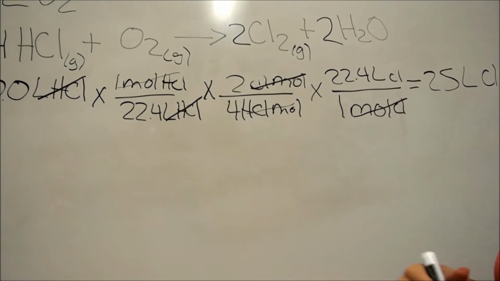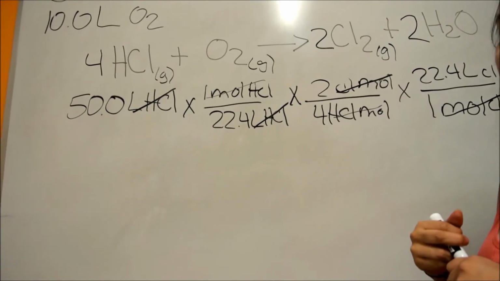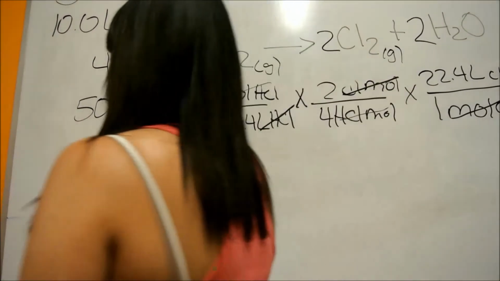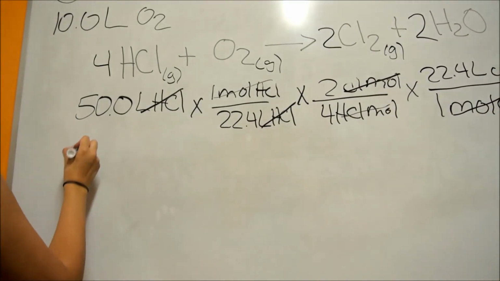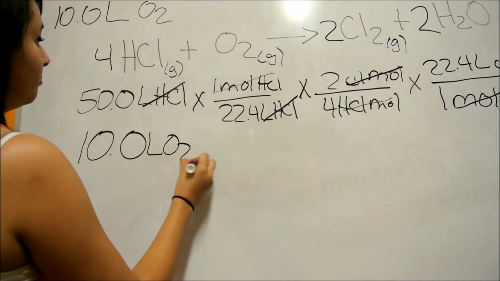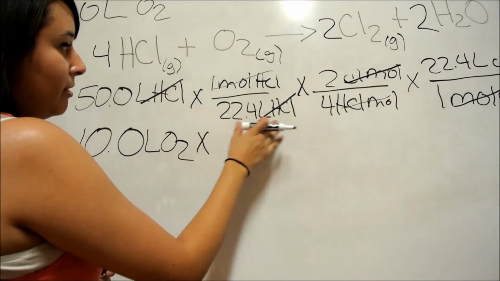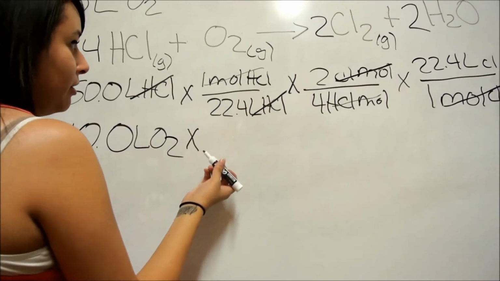And then after that, we're going to go back to the problem and we're going to start with the 10 so we can find out which one is the limiting. So we're going to do the exact same thing, except we're going to start with 10 liters of oxygen. And we're going to use the same conversion factor here, except it's going to be oxygen instead of hydrochloride.